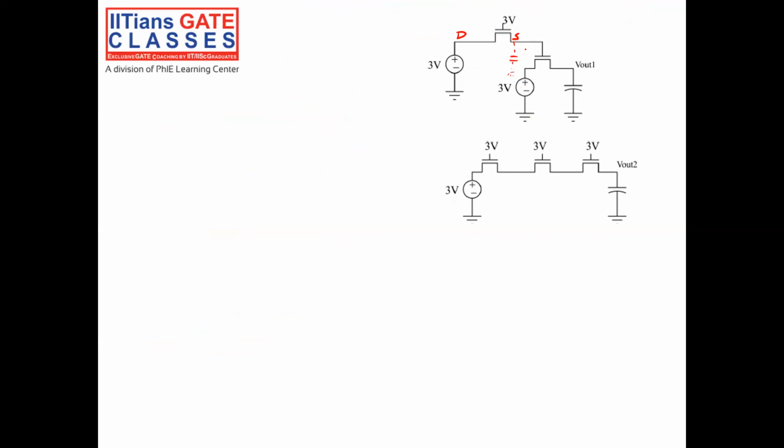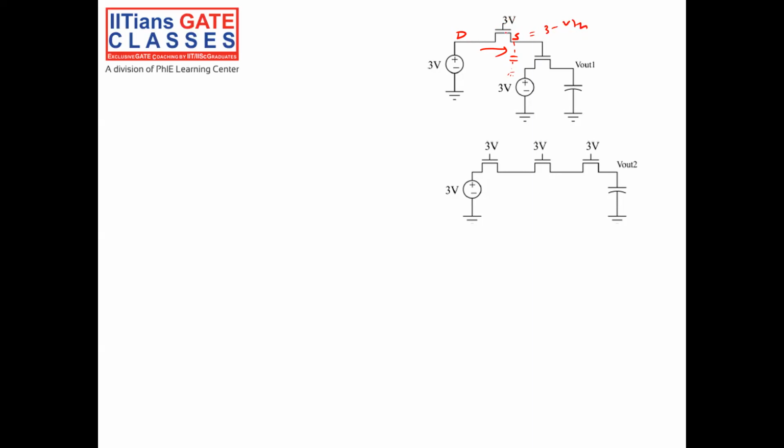So what will happen? This potential will rise until Vs reaches Vg minus Vth. Initially the current will flow and it will charge the capacitor up to Vs equal to 3 minus Vth.